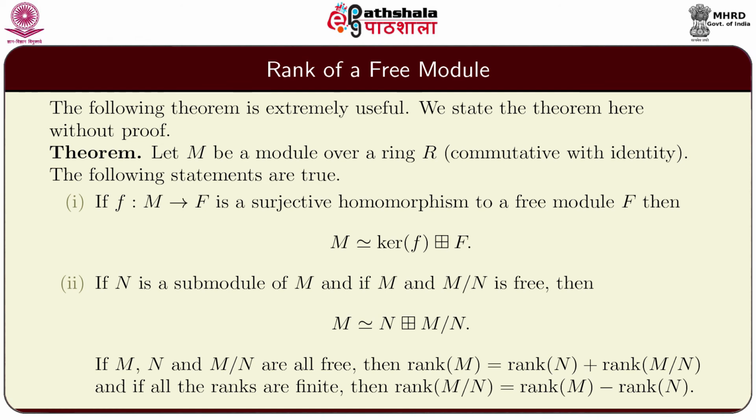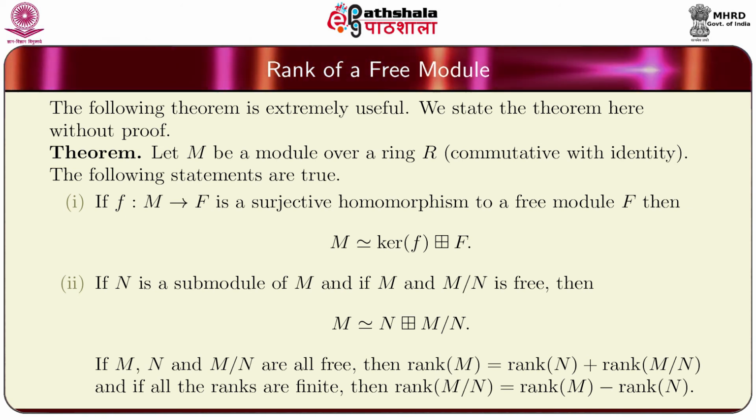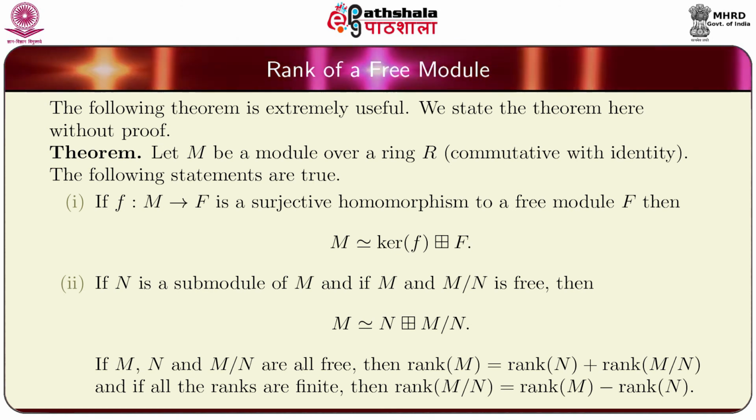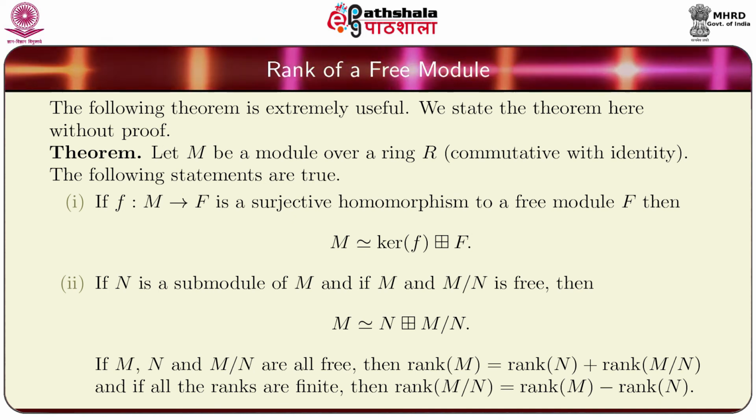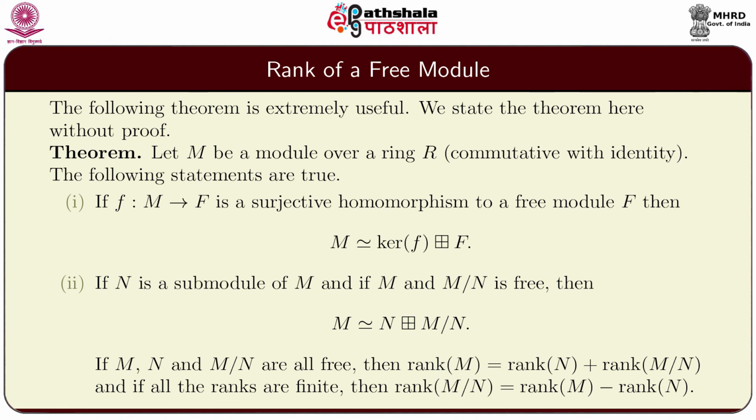Then part 2 says if N is a submodule of M and if M and M quotient N are free, then M is isomorphic to the external direct sum of N and M quotient N. Well, this is a special situation which follows from 1, you can see, because we will take the canonical surjection, the map pi from M to M quotient N, and if we assume that M quotient N is free and also M is free, then we can apply 1 and then the result would follow.